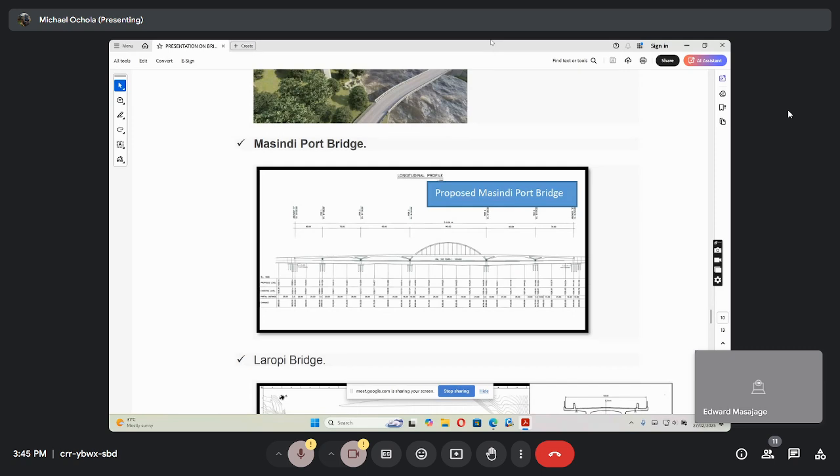So when we have a fixed deck bridge there, is the design giving headroom for these steamers, the water vessels, to cross?